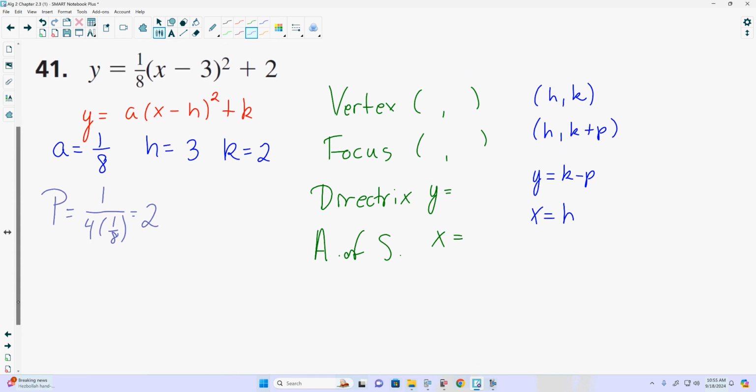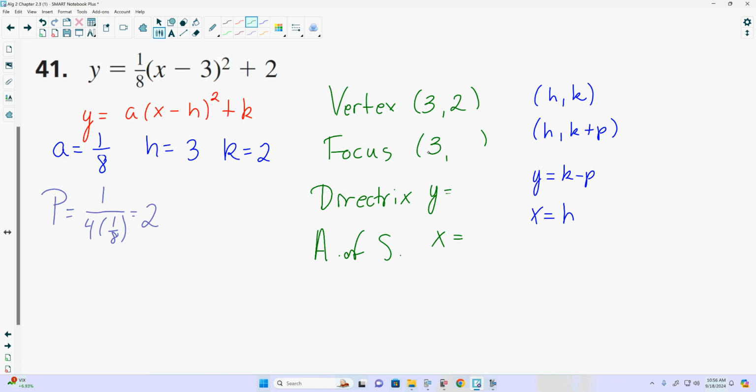Questions on how we found these? Okay. Before we do any calculations with the rest of this, let's look through what we have. Vertex, H comma K. Well, H is 3, K is 2, so 3 comma 2. Focus, we have H comma K plus P. We'll do K plus P in a minute. Directrix, K minus P, we'll do that in a minute.